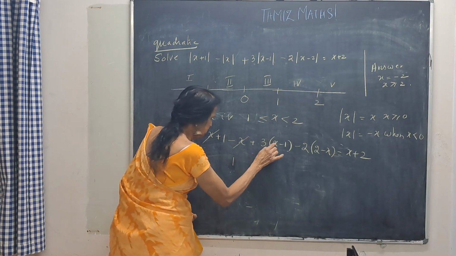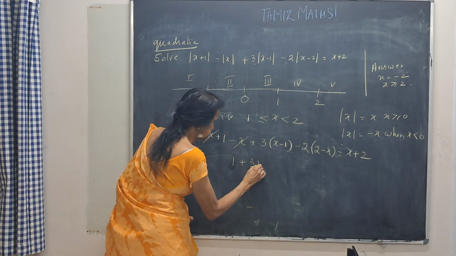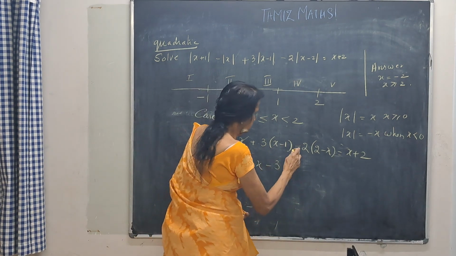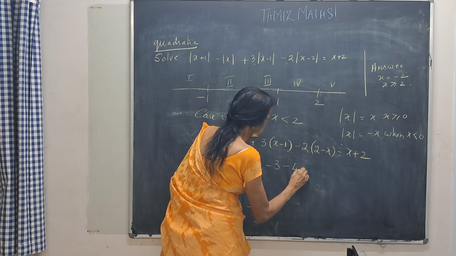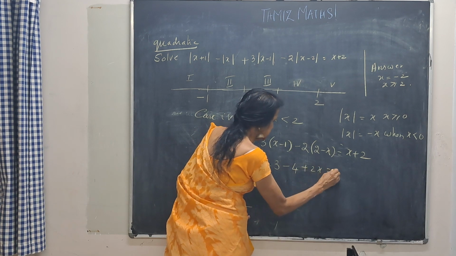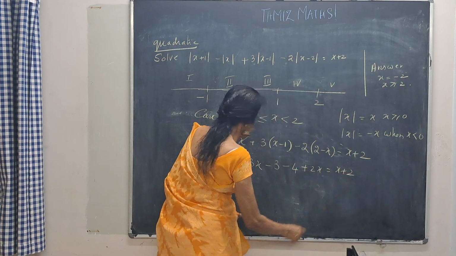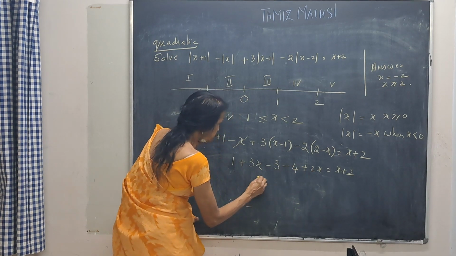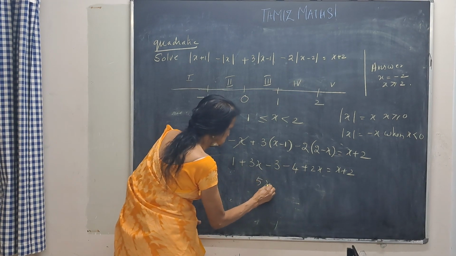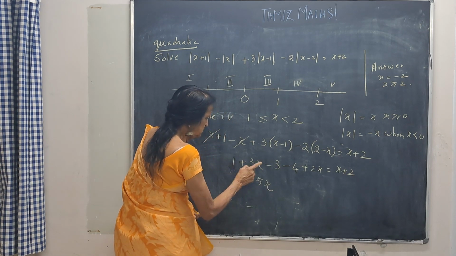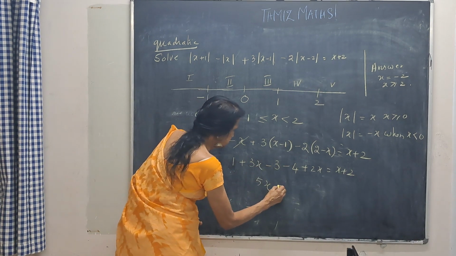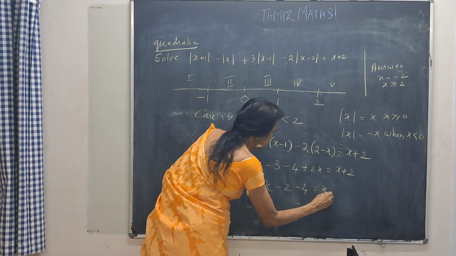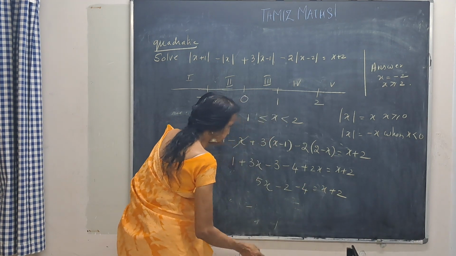1 plus 3x minus 3 minus 4 plus 2x is equal to x plus 2. 3x plus 2x, 5x. 1 minus 3 minus 2 minus 4 is equal to x plus 2.